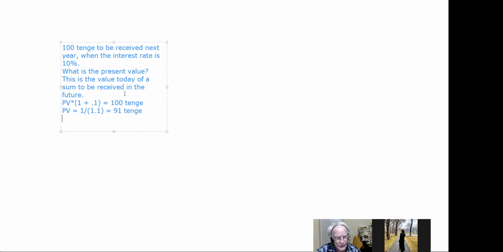They are therefore indifferent between having either 91 today or 120 next year, since they can always put the 91 in the bank and earn 100.